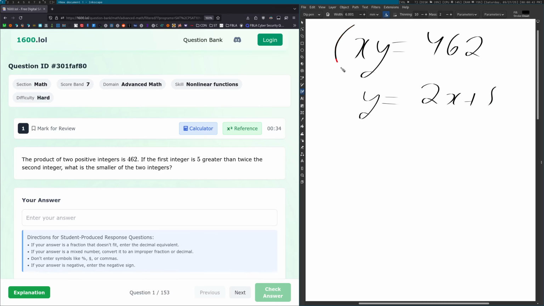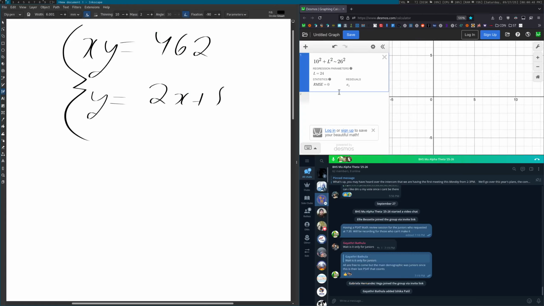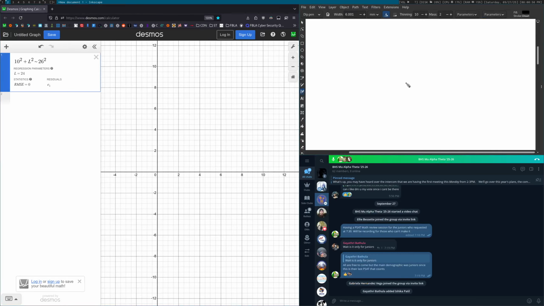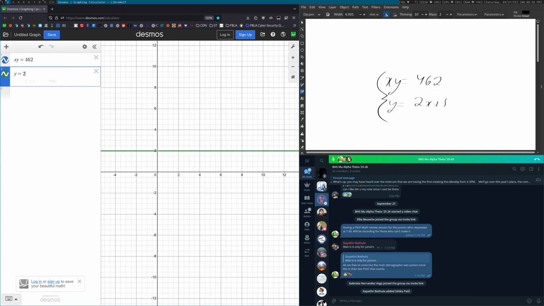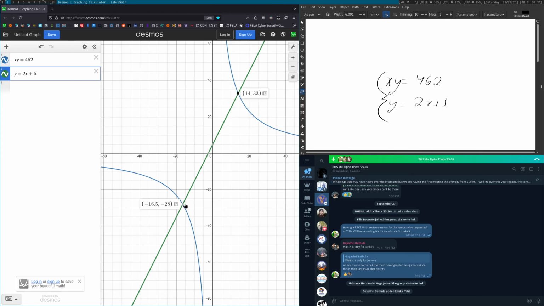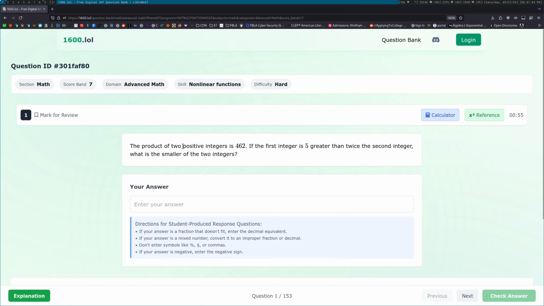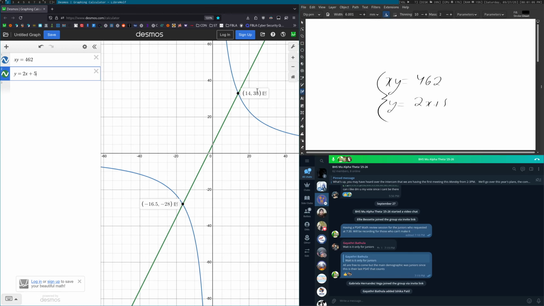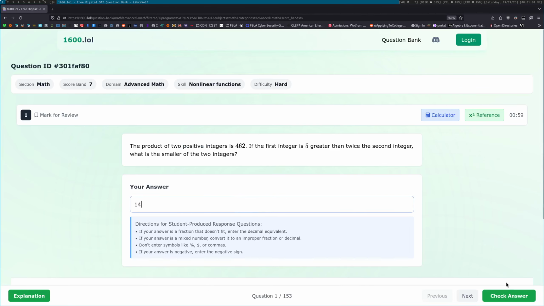And now that's just the system, so you graph it. Okay, xy is equal to 462, and y is equal to 2x plus 5. We've got these two answers, and let's see which one to choose. Since they must be positive, it has to be this one. 14 and 33, so the answer is 14.